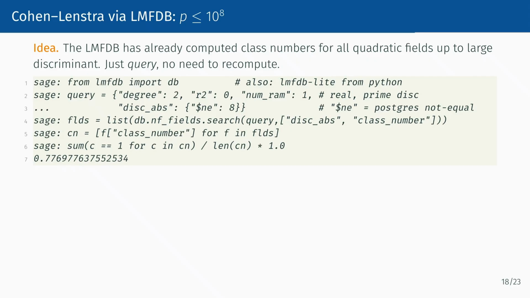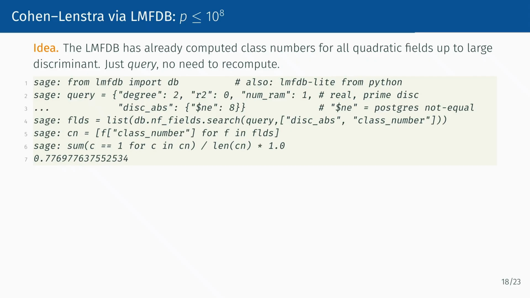Okay. And the absolute discriminant, I ask it not to be 8. So this is really just primes that are 1 mod 4 and not, say, p equals 2. Okay. And then you see that one can access this database, db.nf_fields.